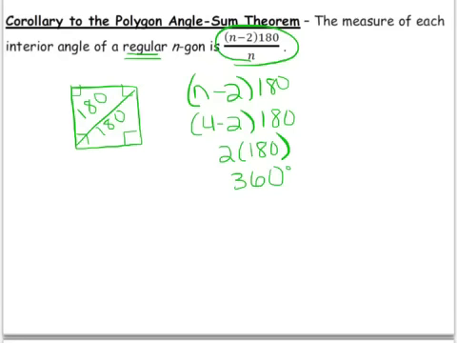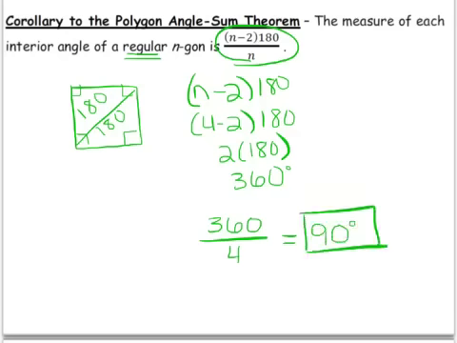Since this is a regular polygon and each of the angles is congruent to the others, we take the 360 and divide by the number of angles in this 4-sided polygon, and each angle is equal to 90 degrees.